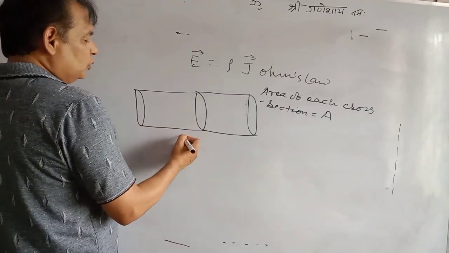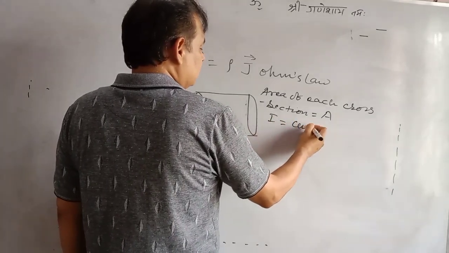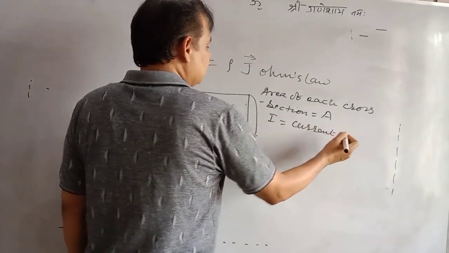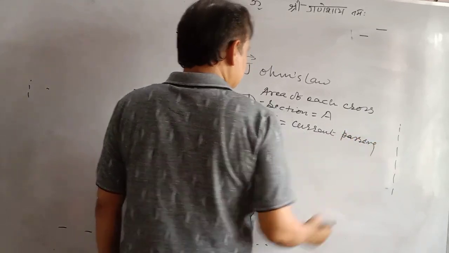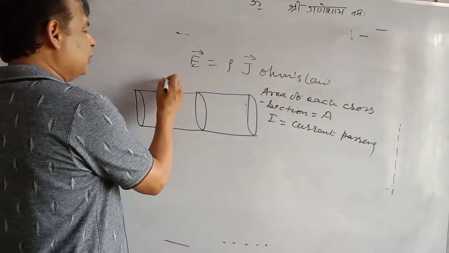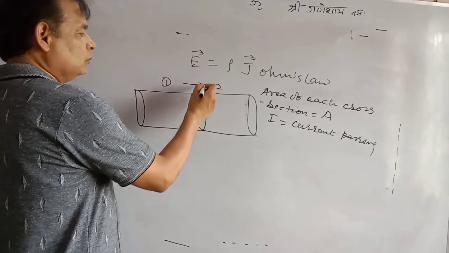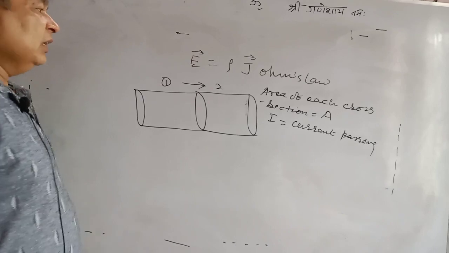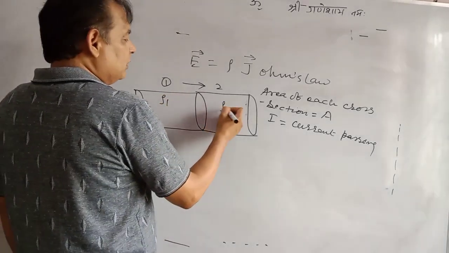Current I is flowing through this conductor. I is given to you in your question. Current passes from conductor number 1 to conductor number 2. The resistivity of the first one is rho 1 and that of the second one is rho 2.